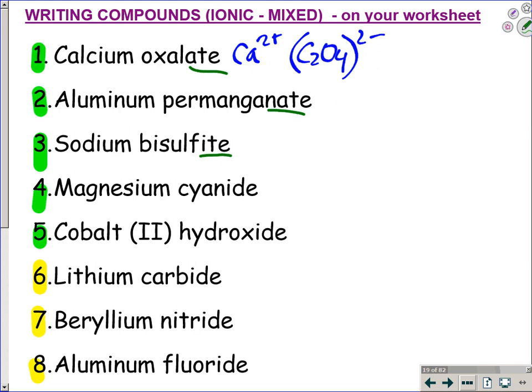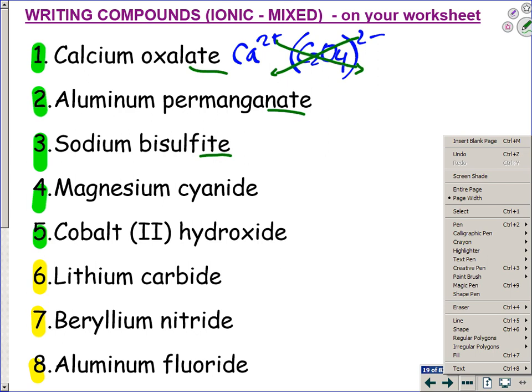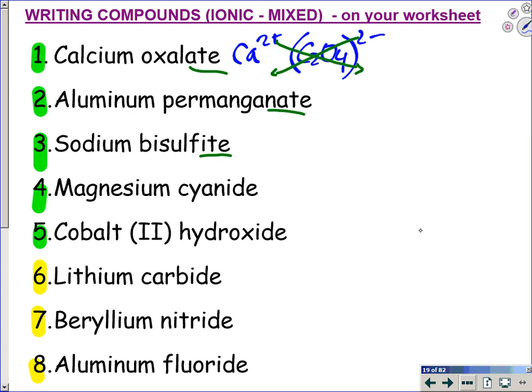When I crisscross those charges, I get 2 and 2. Now, if I write Ca2(C2O4)2, what's the ratio I see? Initially a 2-to-2 ratio, but that can be simplified to 1-to-1, so I call that Ca(C2O4).